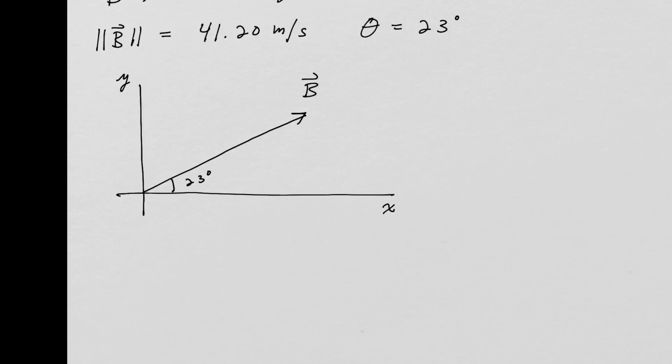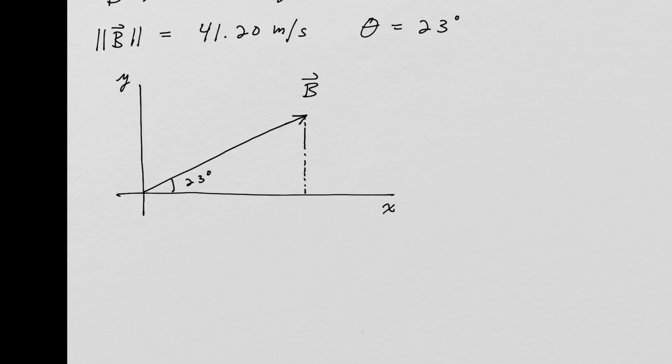Now, when we talk about resolving the vector into x and y components, what I'm doing basically is starting at the tip of B. Let me draw this a little bit better here. The arrow's off a little bit. So I start at the tip of B, the tip of the arrow, and I project a line down to the x-axis that's perpendicular to the x-axis.